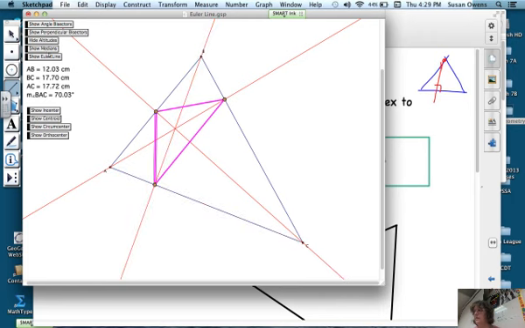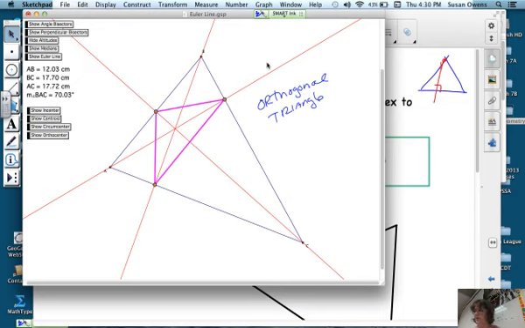And what I get is another triangle, and that triangle has a special name. It's called the orthogonal triangle. The orthogonal triangle is made up of the places where the altitudes intersect the sides of the triangle.